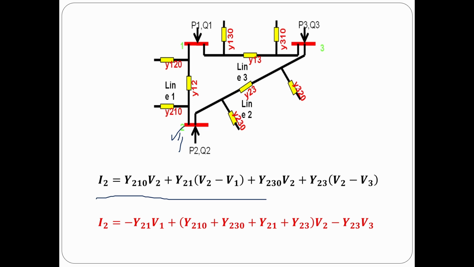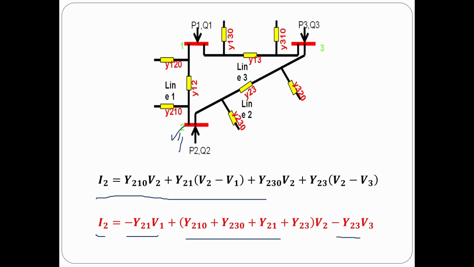Therefore, the current injection I2 is equal to negative Y21 V1 plus the summation of Y210 plus Y230 plus Y21 plus Y23 times V2 minus Y23 V3.